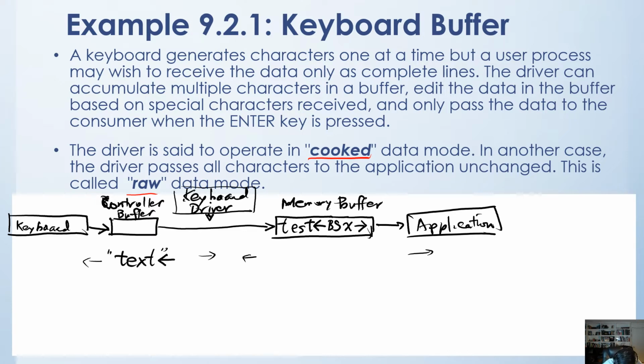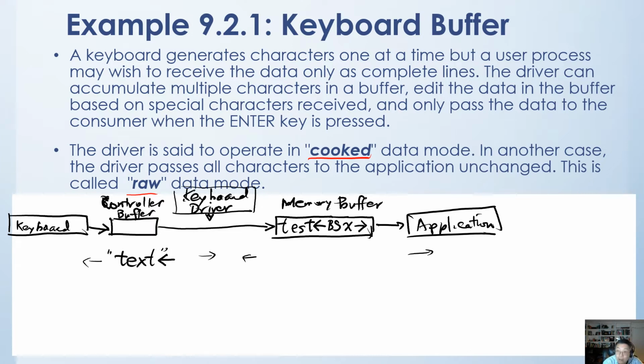So in that case, the original TEST was sent, and then the user found there's a mistake, so they pressed the left arrow to move the cursor before the T and after the S, and then pressed backspace to erase the S and typed the X, and then moved the cursor back. All these special keys are sent to the memory buffer unchanged.